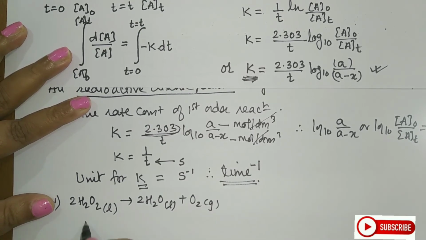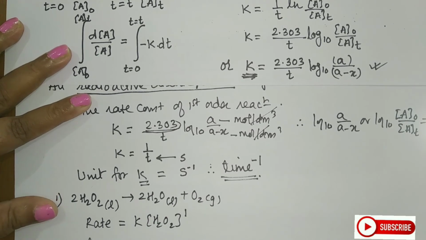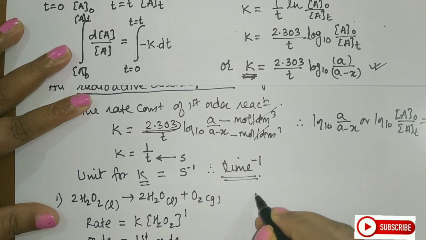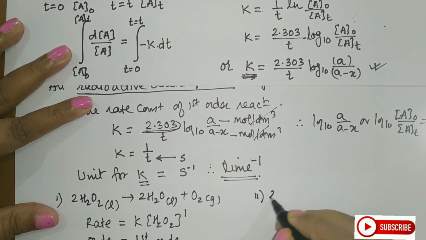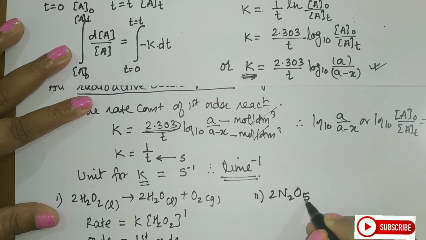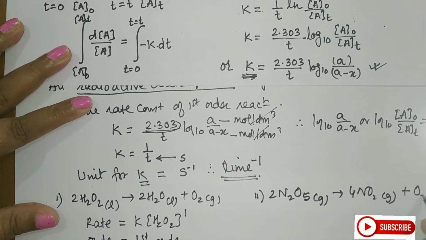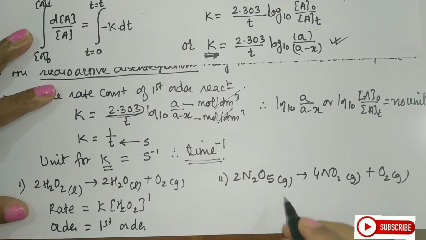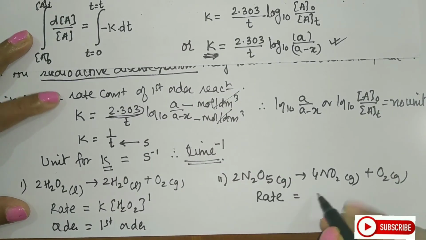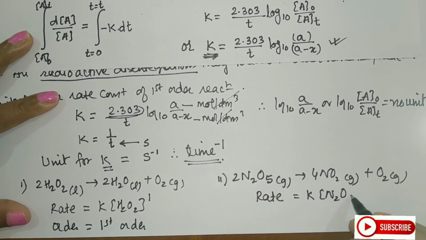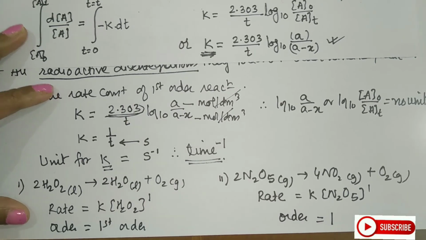So here the rate is equal to k [H2O2]^1. So here the order is first order. The second example for this can be the decomposition of N2O5. So this will give you 4NO2 gas plus O2 gas. So what is the rate for this? Rate is equal to k [N2O5]^1. So what is the order here, students? The order is first order reaction.